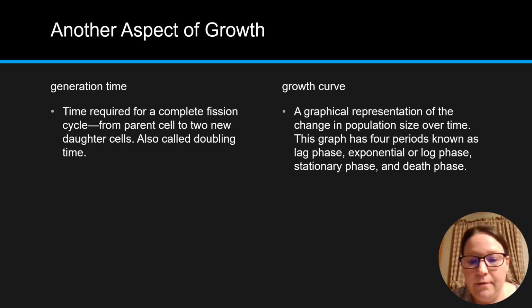So you've got a graph, and it will show lines that go up or down. It'll demonstrate population size. And this graph has 4 periods known as the lag phase, the exponential or log phase, the stationary phase, and the death phase.